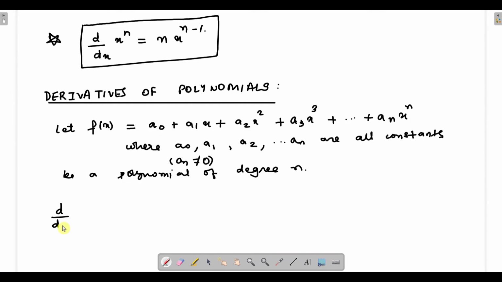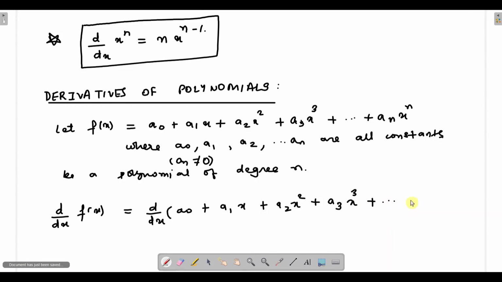So the derivative of f(x) will be nothing but the derivative of, what is the function f(x)? It is a naught plus a1x plus a2x square plus a3x raised to 3 and so on, plus an x raised to n. This is the polynomial. So what will you get here? Here you have to use property number 1 of the algebra of derivatives: derivative of a naught, plus derivative of a1x.